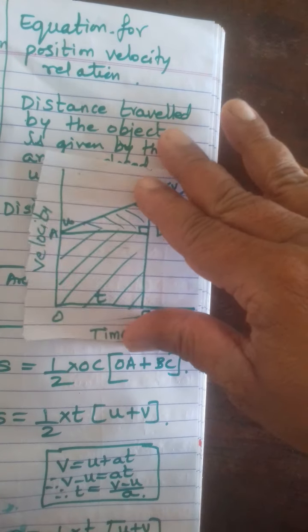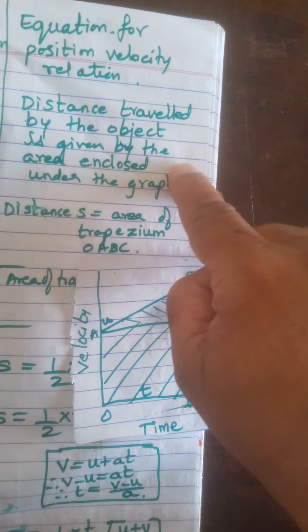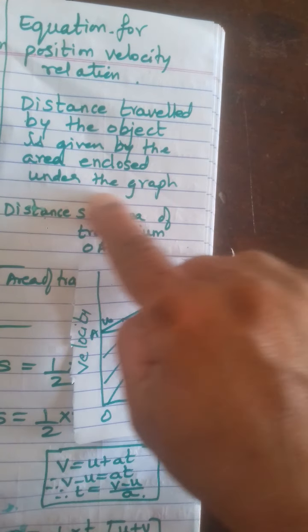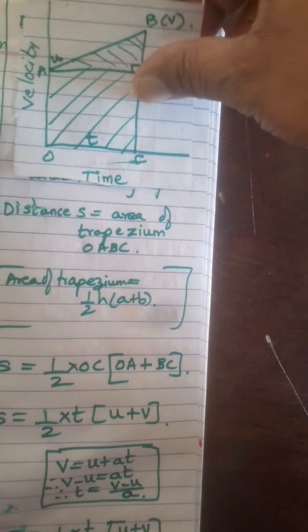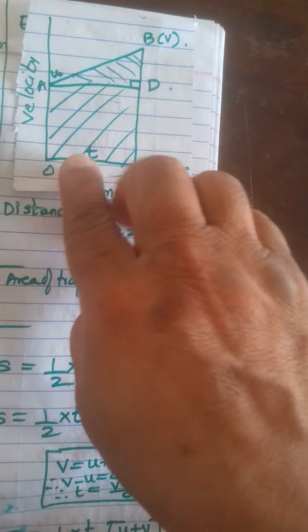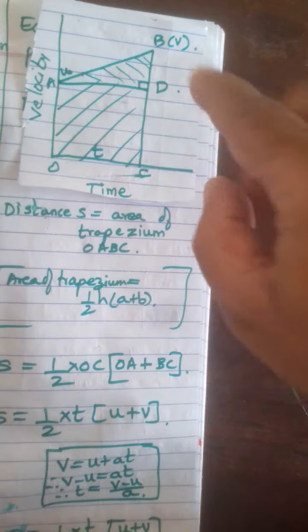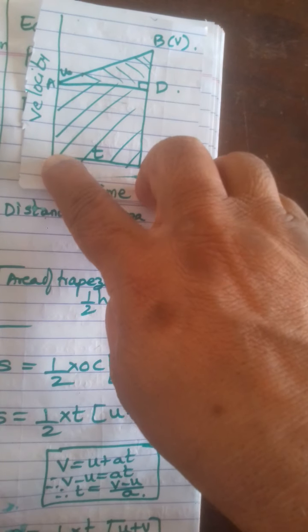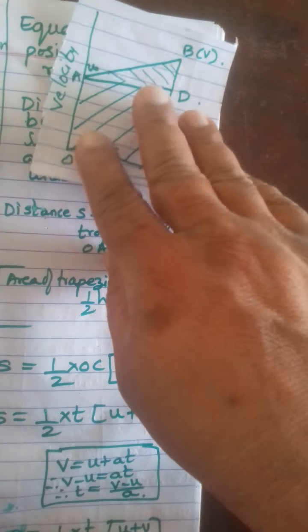Now see, the distance travelled by the object is given by the area enclosed under the graph. So distance travelled S is given by the area enclosed under the graph, that is OABC, and OABC is a trapezium.